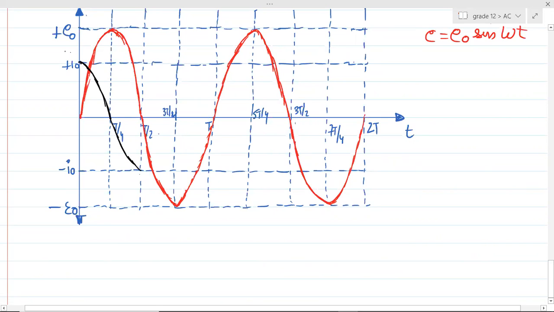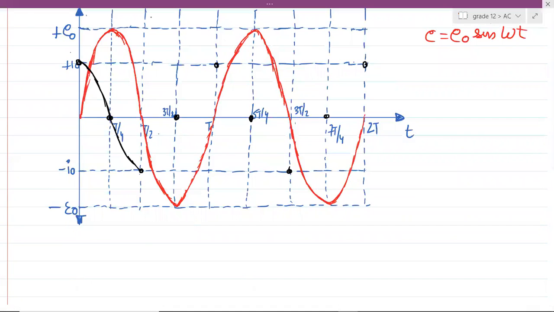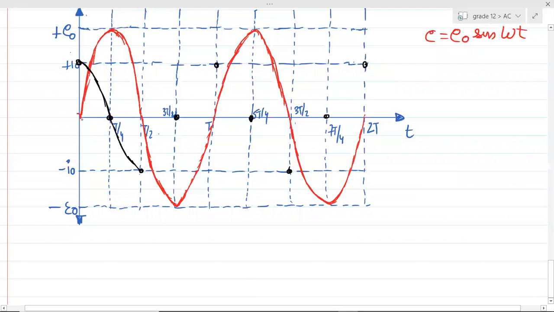See very carefully, guys. This point, this point, this point, and this point have to be joined. In the case of EMF, very carefully this, this, this.